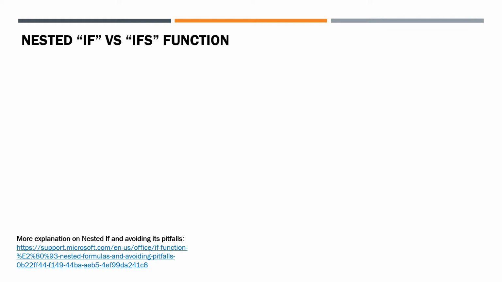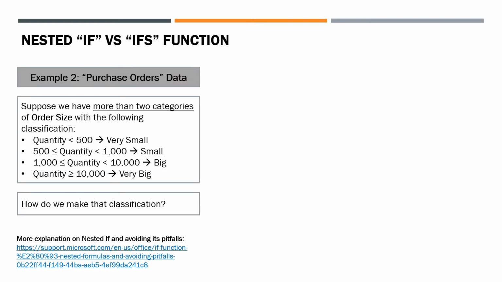Okay, the next logical functions are nested IF and IFS function. We use nested IF and IFS if we have multiple conditions or multiple criteria. For example, still in our purchase order data, we have more than two categories of order size with the following classification.